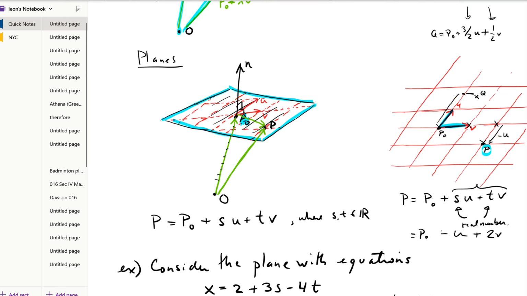Because if I have P0 and n, I can write my point normal form, and then from that I can just expand and get the general form. So perpendicular to u and v means that n dot u must be 0 and n dot v must be 0. We're going to need to find a vector that satisfies both of these equations.